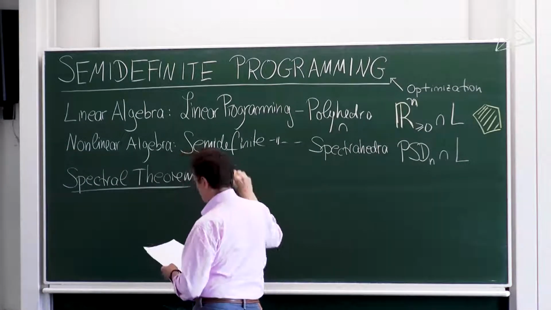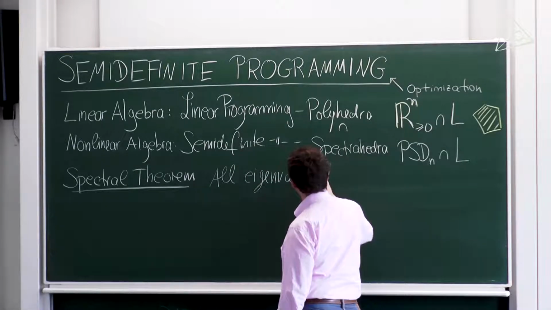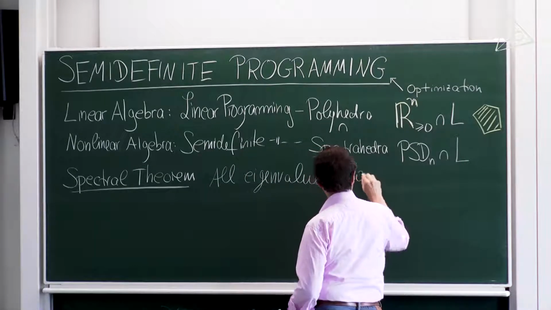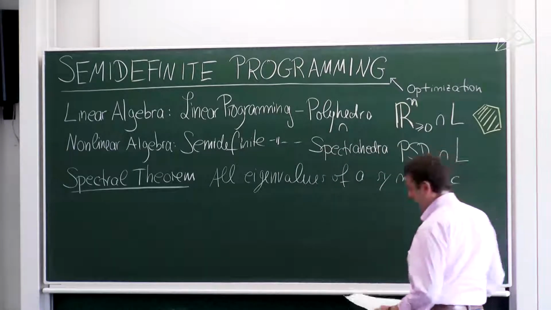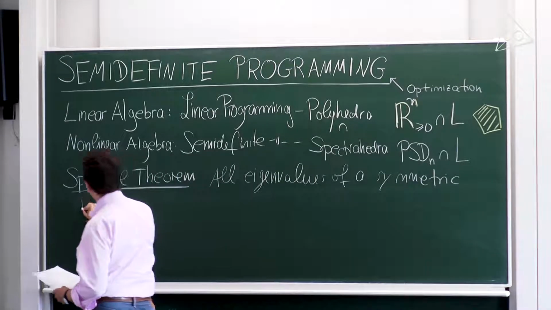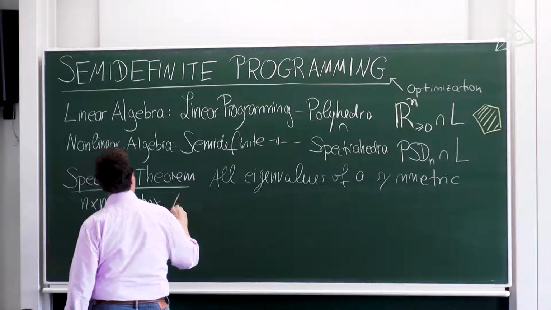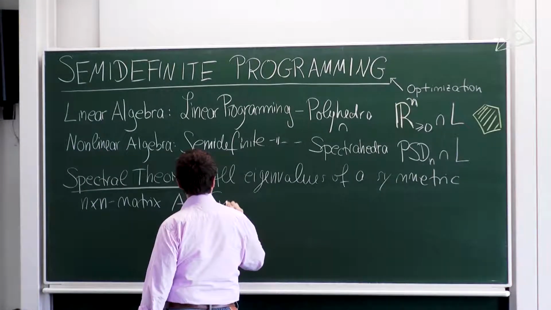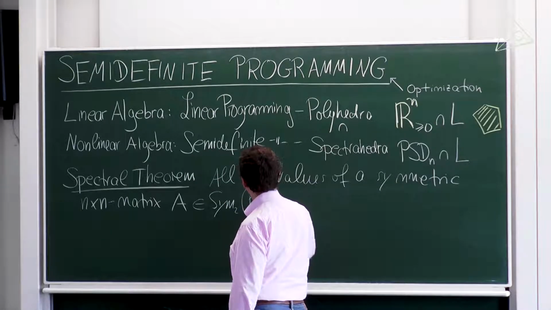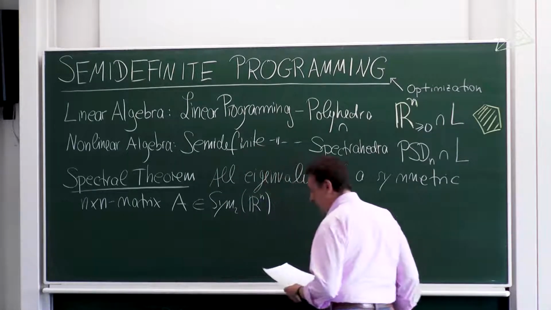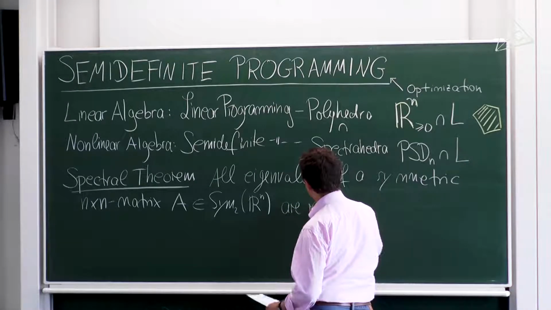All eigenvalues of a symmetric n by n matrix A with real entries, so symmetric matrices or quadratic forms, denoted Sym_2(R^n), are real.